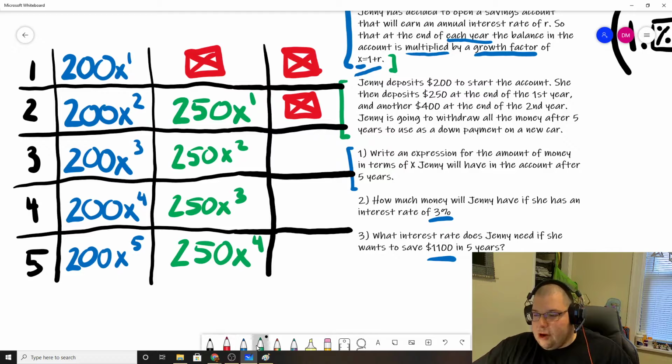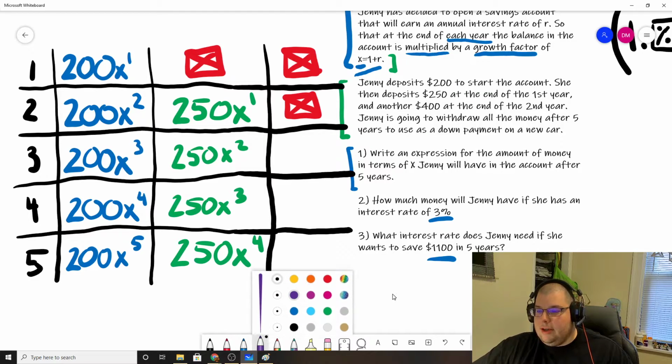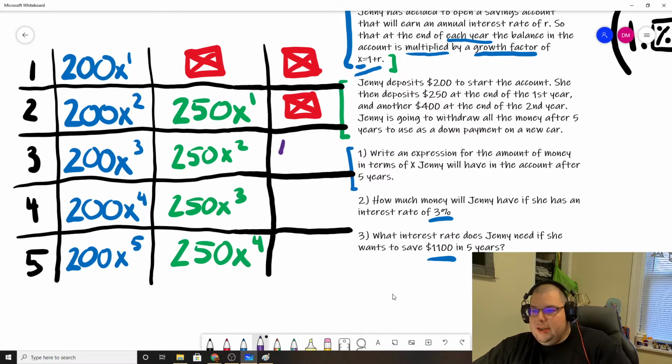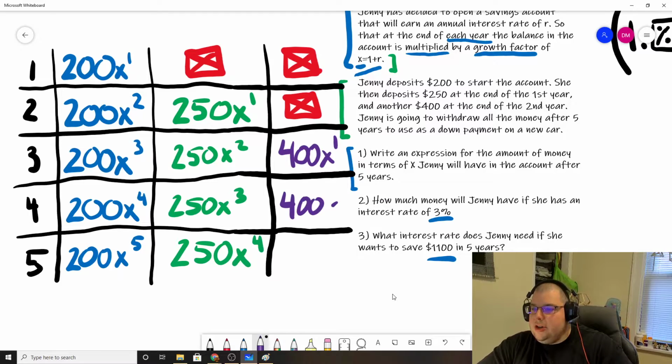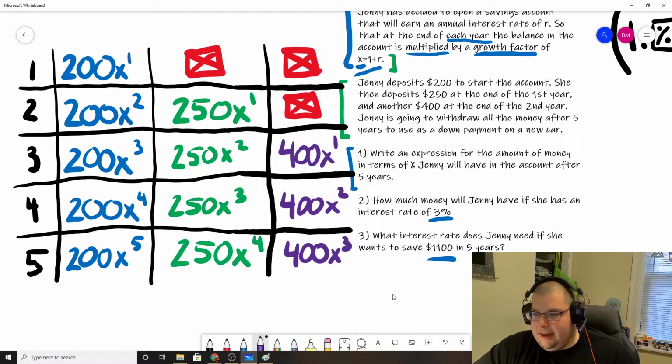So that $400 has to start in the third year. That's the first year that $400 is in the bank for a full year. So it's 1 year in year 3, then its second year will be in year 4, and then year 5 marks its third year in the bank.